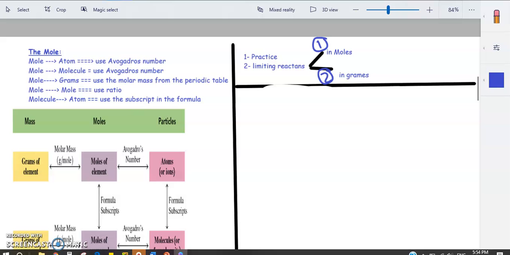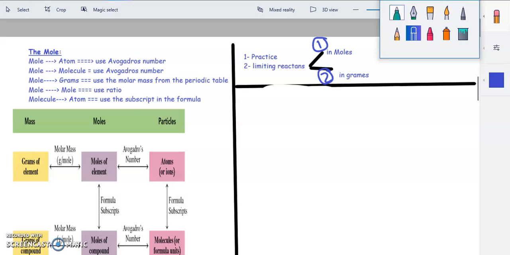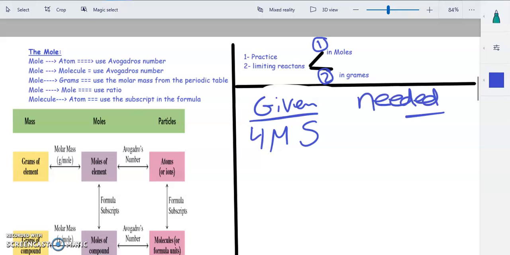So here is from the book. The given in this equation is 4 moles of sulfur, and we need to turn them to see how many atoms of sulfur.